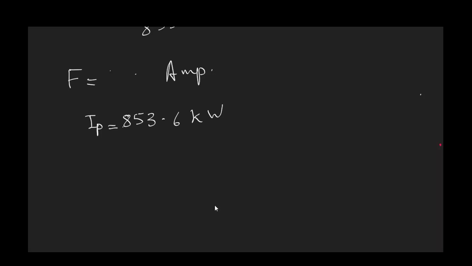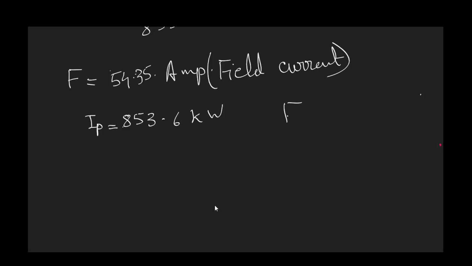If we find out, we will find our... yes, 54.35 ampere. This is our field current. I'm just writing the values, and F are the components that are responsible for induced EMF, that is equal to 35.3 ampere, and the corresponding value of core loss is how much?